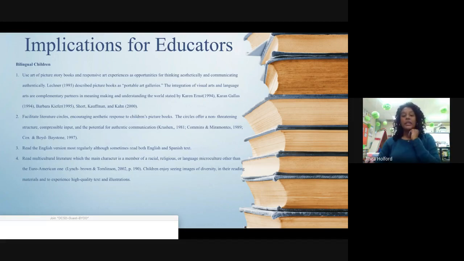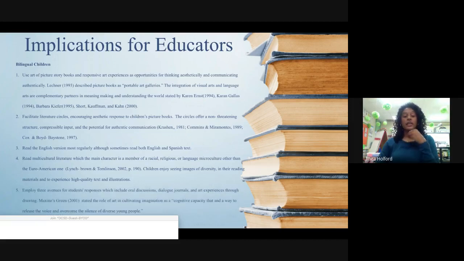Children enjoy seeing images of diversity in their reading materials and to experience high-quality text and illustrations. Employ 3 avenues for students' responses, which include oral discussions, dialogue journals, and art experiences through drawing. Maxine Greene stated the role of art in cultivating imagination as cognitive capacity and that it is a way to release the voice and overcome the silence of diverse young people.